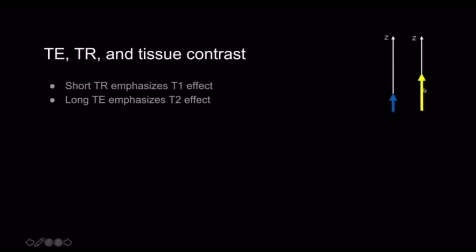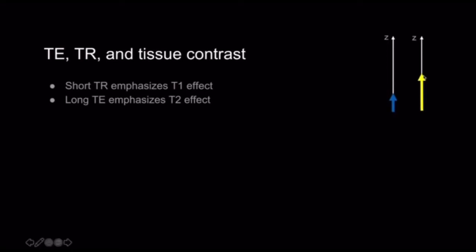The fat molecules, or hydrogen molecules in fat, have a much shorter T1 relaxation time, and so they relax towards the z-axis a lot quicker, and after a very short period of time have a bigger net magnetization vector in the z-axis.